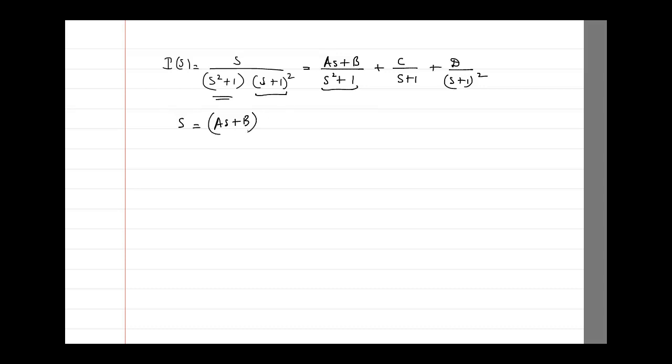I have to multiply with s plus 1 the whole square, which is s square plus 2s plus 1, plus c multiplied with s square plus 1 and with s plus 1, and then plus d, and what is remaining is s square plus 1.